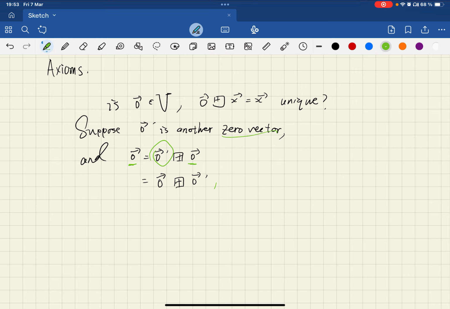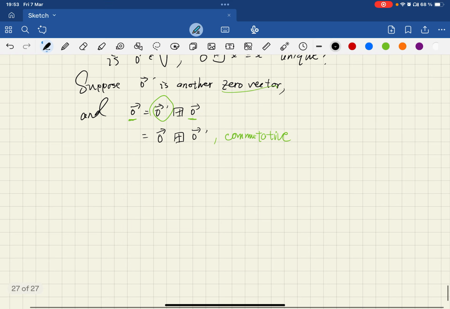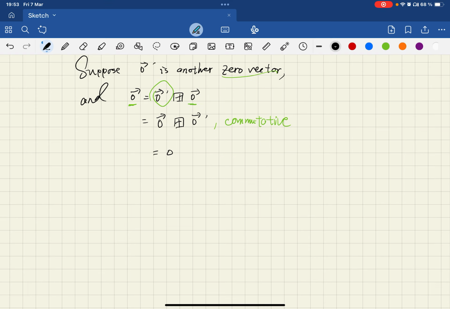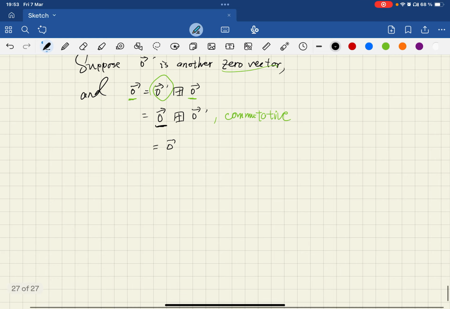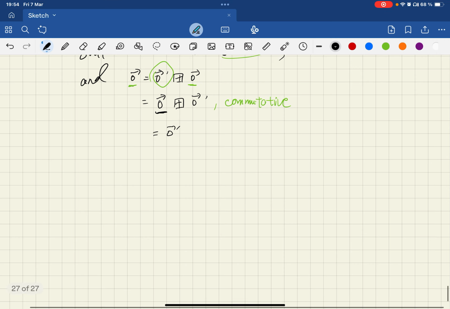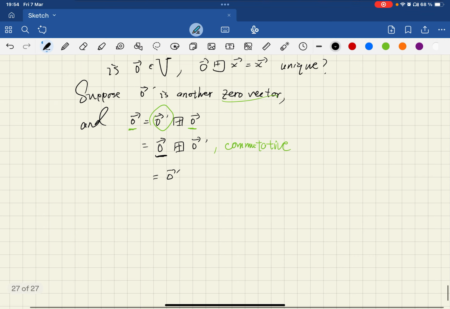And this is commutative adding. And here we use the property of the delta vector again. So now we get that delta prime equals 0. So the delta vector is unique.